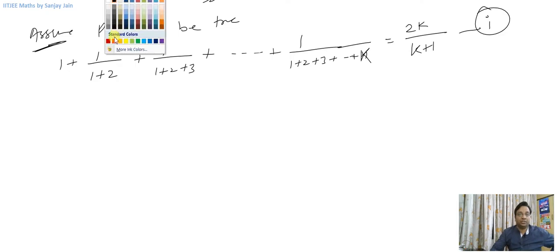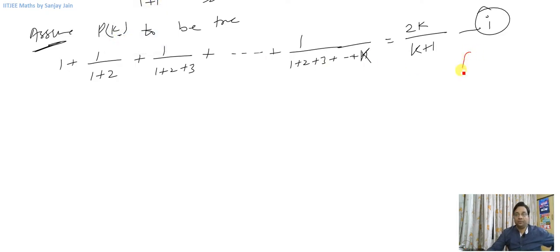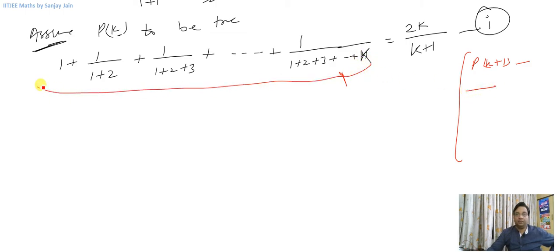So what I'm looking for is, I want to prove P of k plus 1 to be true. On the left hand side I want all of these terms that are there, and apart from these I want the k plus 1th term, that will be this, right?